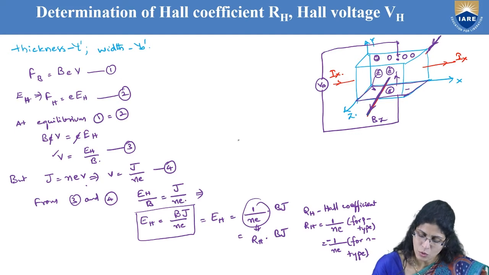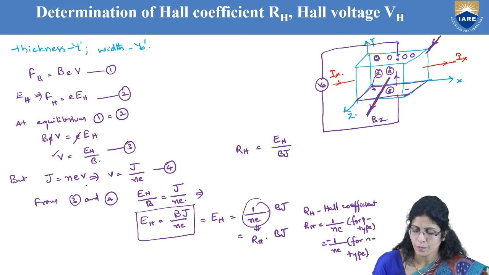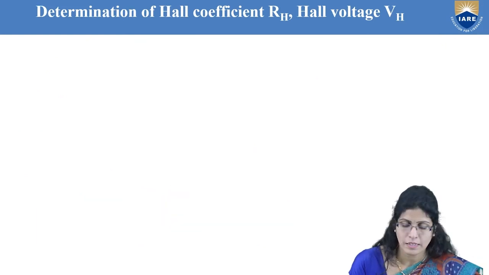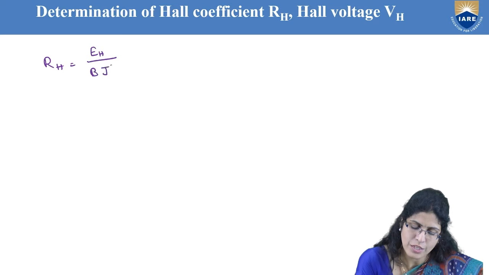So RH can be written as EH by BJ. RH is equal to EH by BJ. Let me take RH is equal to EH by B into J.